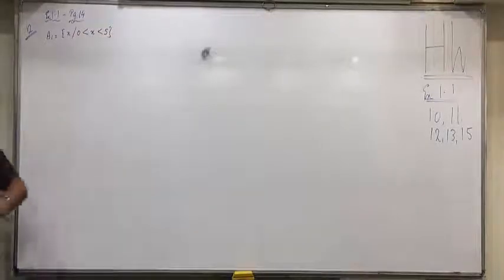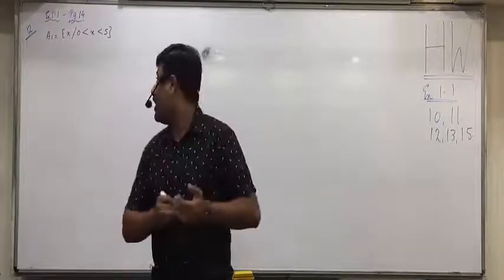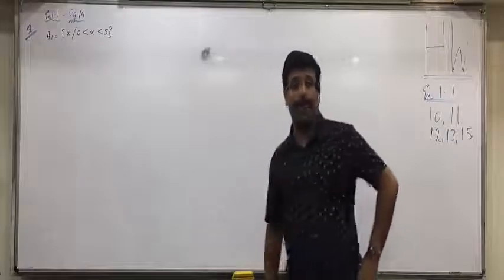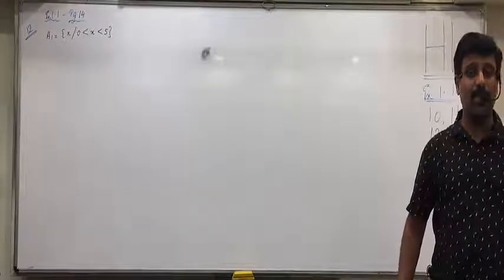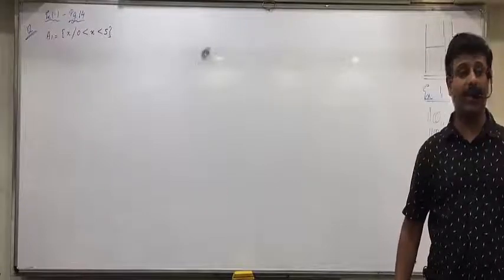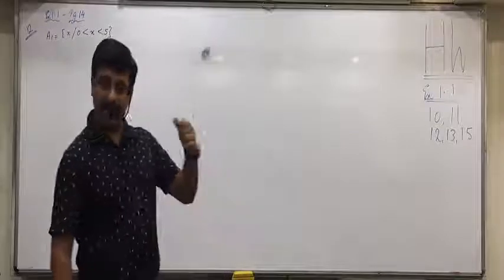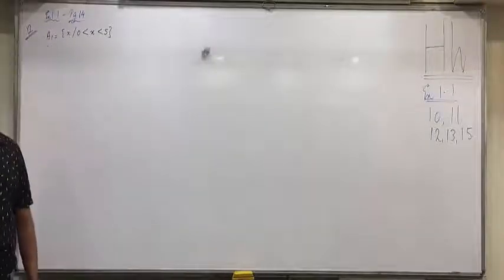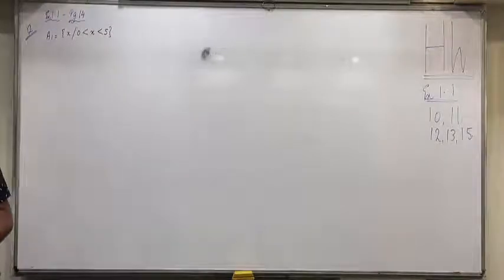Raise your hand. How can we write it further after this? How can you write A1 further? Saloni? 1, 2, 3, 4. Anyone else? 1, 2, 3, 4. Wrong. Anyone else?